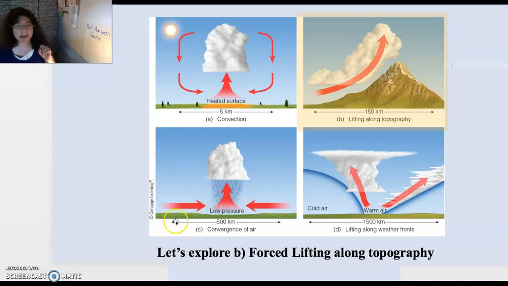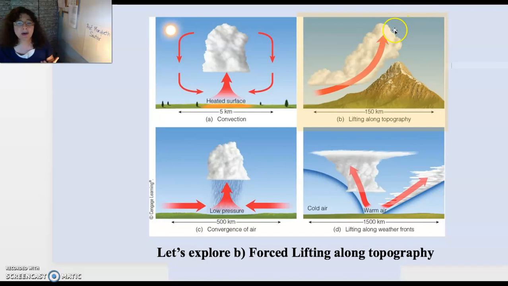Another type of forced lifting in another part of the country is topographical forced lifting. When air is blown on a prevailing wind at a mountain range, there's nowhere to go but up. So that air moves up on what's called a forced topographical lift. It is also called an orographic lift, but I think topographical lift is easier to remember.